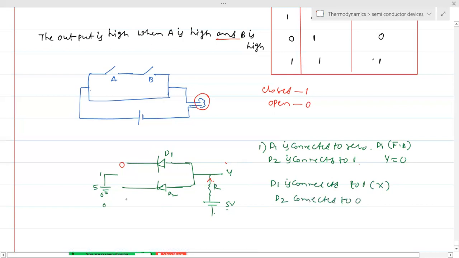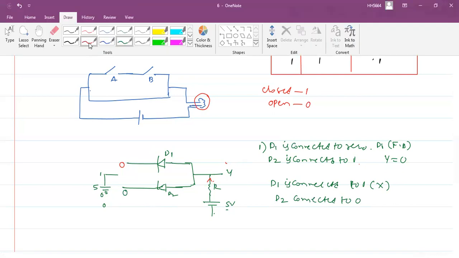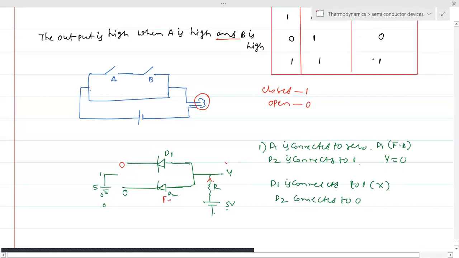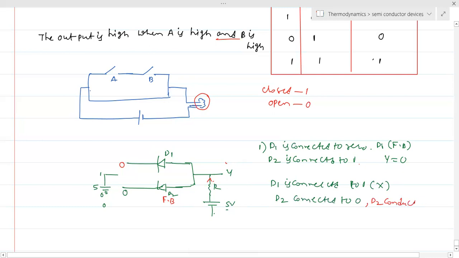When D2 is connected to 0, 0 is connected to N, so automatically it will be in forward bias. Therefore D2 conducts current, which means the total current in this situation passes through D2 only.